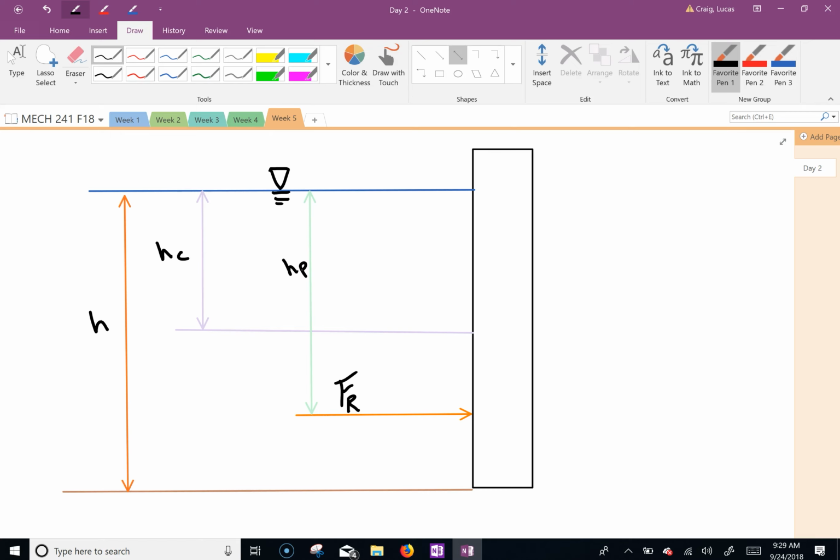So always remember that your HC is half of your water depth. The hydrostatic force, due to the water pressure, acts below the centroid at the center of pressure, which we label HP.